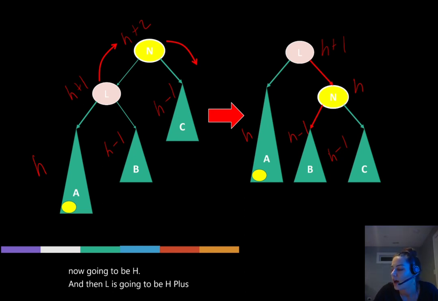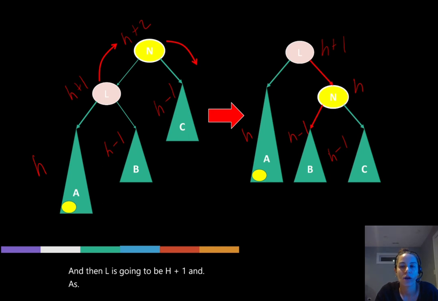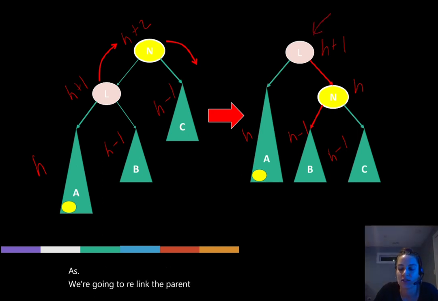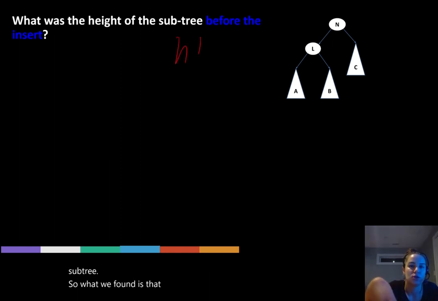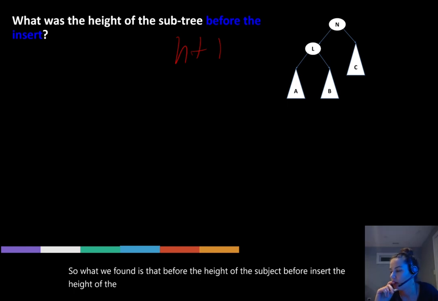And as you know, we're going to relink the parent up to L, and it's going to become the new subtree. So what we found is that before insert, the height of the subtree was h plus 1, and we went through that carefully.